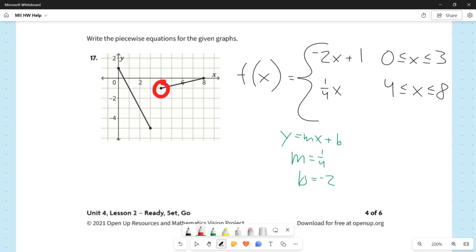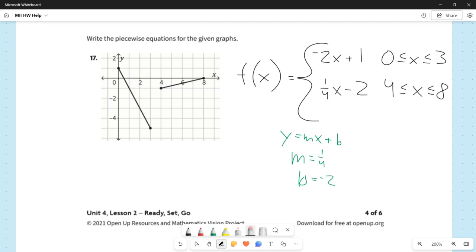So if we plug a 4 into this piece of the function that we have so far, we get 1/4 of 4, which is +1. But we don't want +1, we want -1. So that means we have to subtract 2 to make the math work out, to make the graph work.